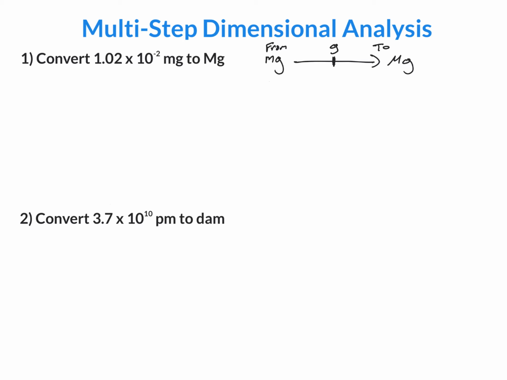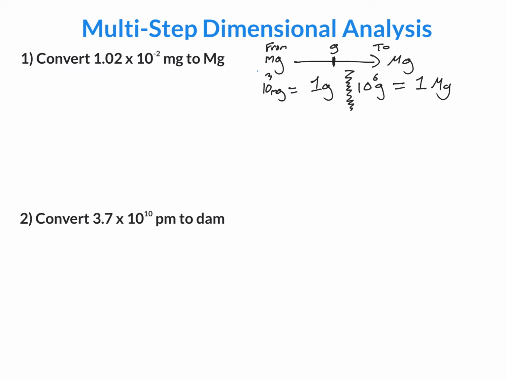We know that there are 10 to the third milligrams equal to 1 gram. And then we know there are 10 to the 6 grams equal to 1 megagram. Split that up so we don't get it confused, right?